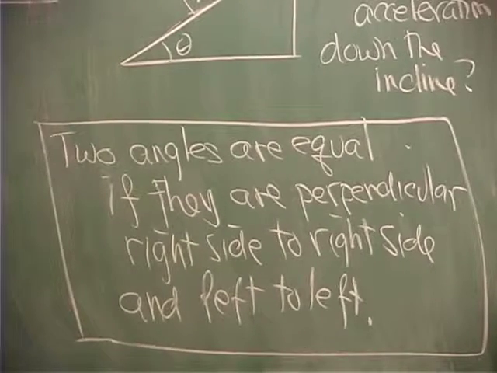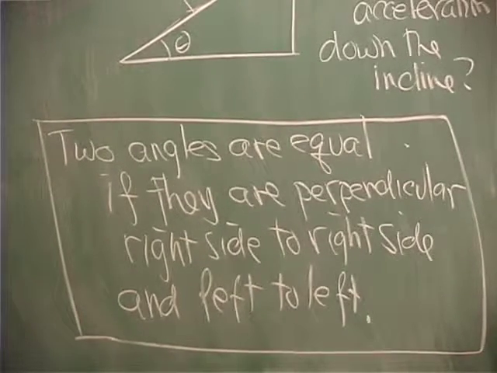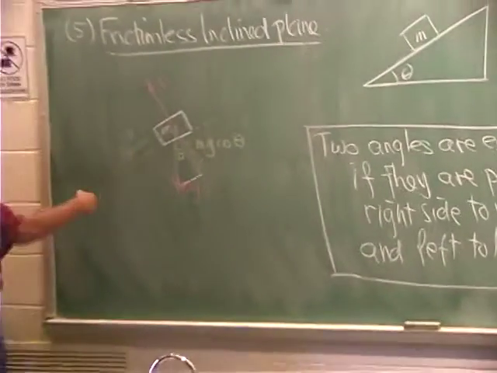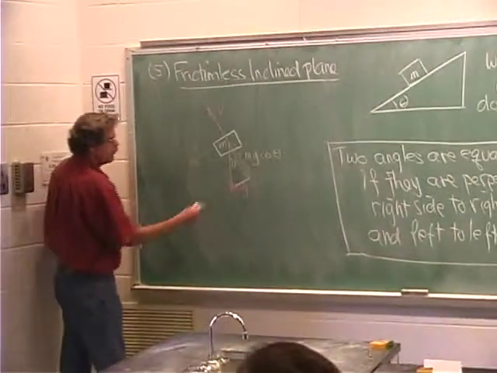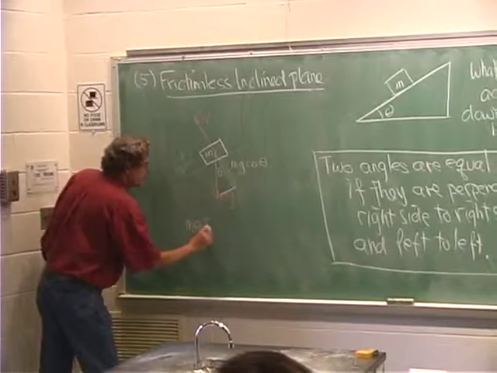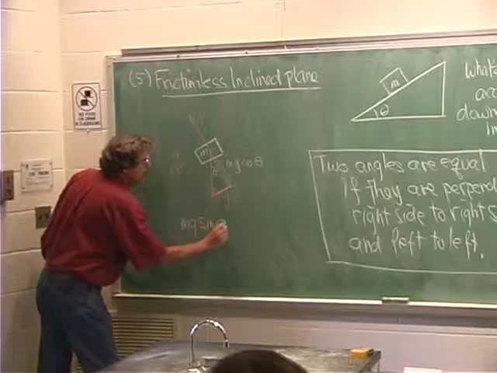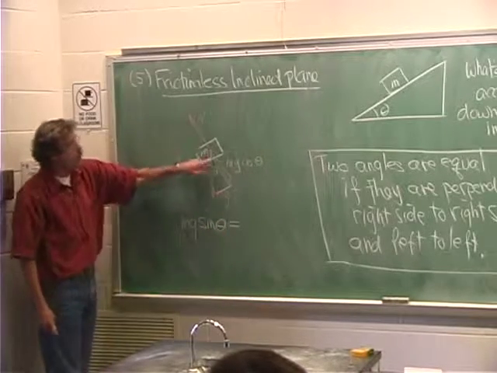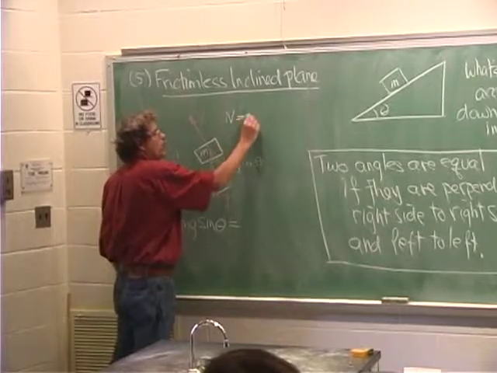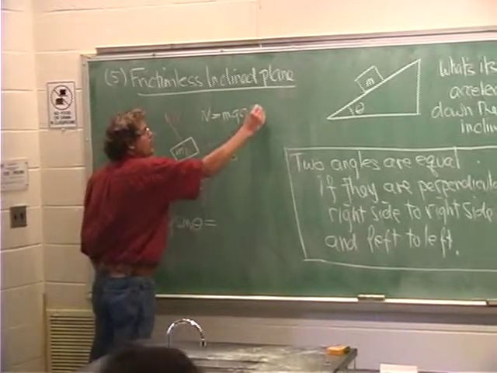Anyhow, this is the same angle theta. Let me just write down what the final answer is. In the direction parallel to the plane, I've got mg sine theta pulling down, and nothing else. Mg cos theta just kills N. So in this problem, N is mg cosine theta. Why?